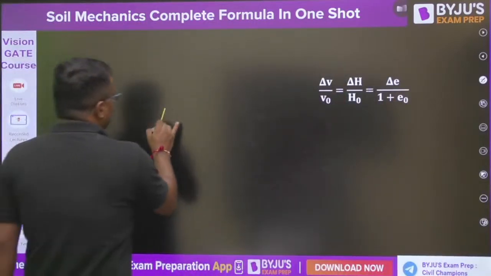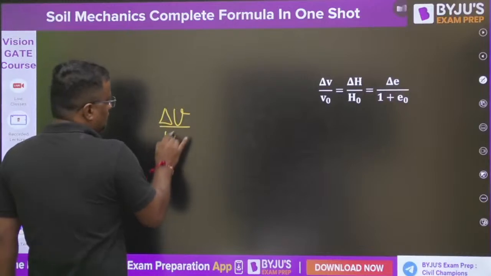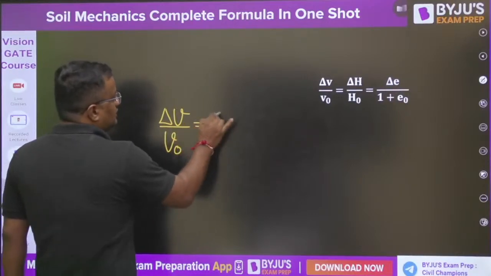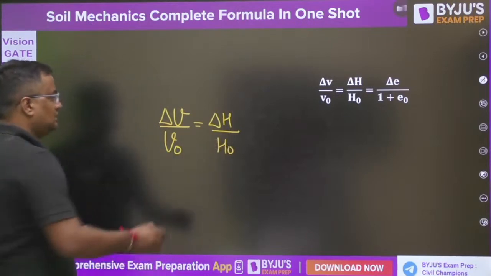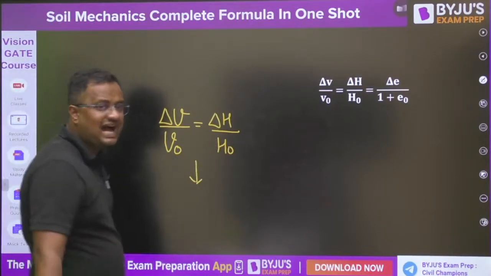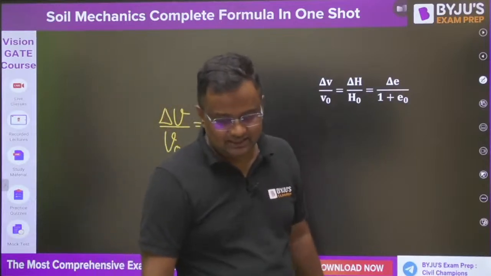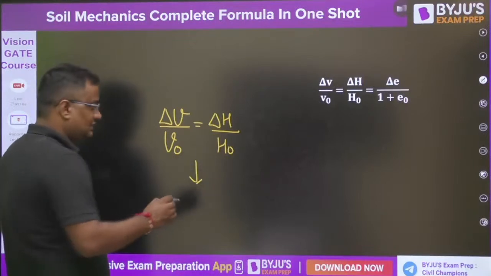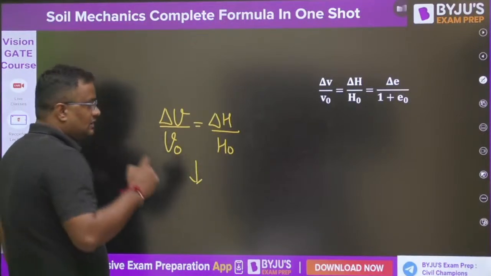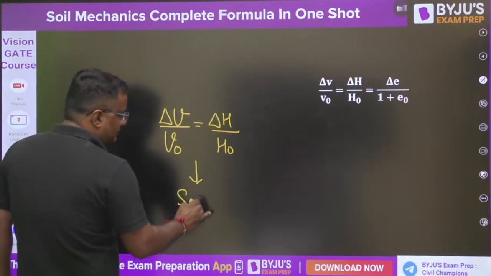Before that, let me tell you guys that change in volume with respect to original volume is change in height with respect to original height. The reason is very simple: every time in SOM you study any chapter, it is written that the material is homogeneous and isotropic. Similarly, in soil it is written that the material is semi-infinite.